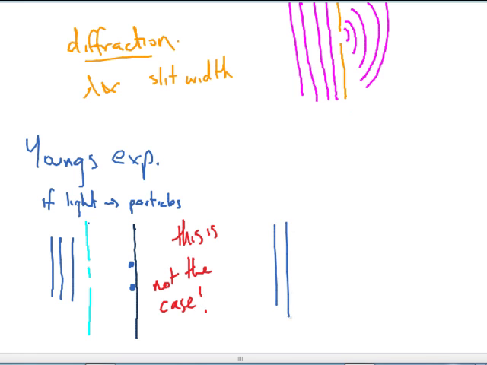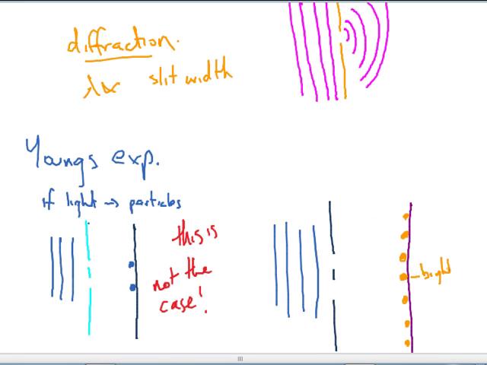So what was observed is the coherent light coming in, passing through the double slits, and we saw on the screen multiple bands, multiple bright spots, with the brightest occurring at the central spot, the central maximum it's called.